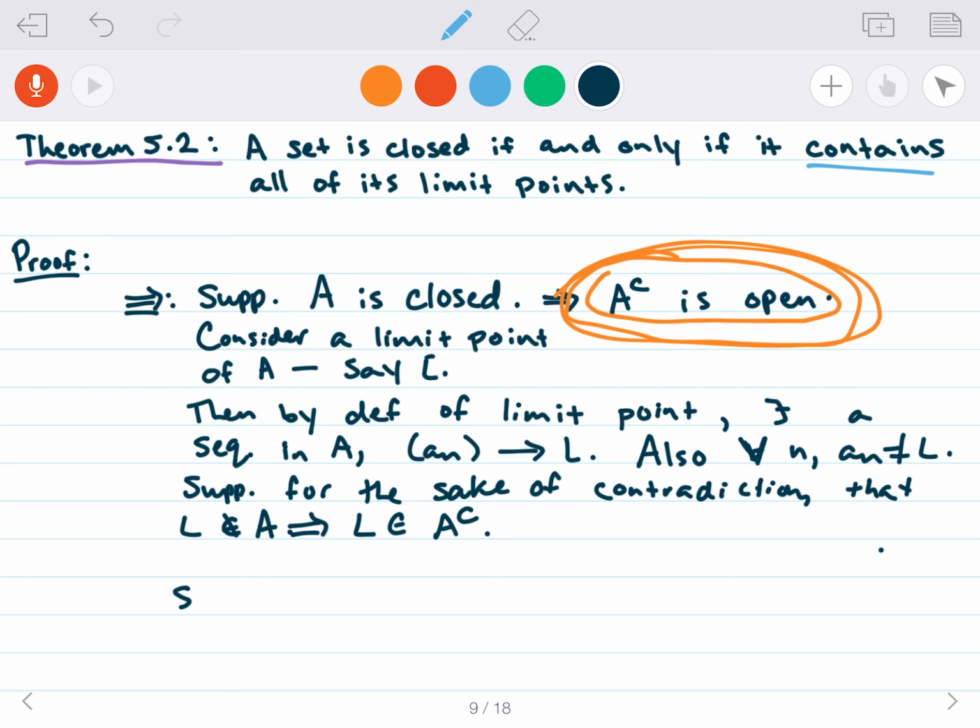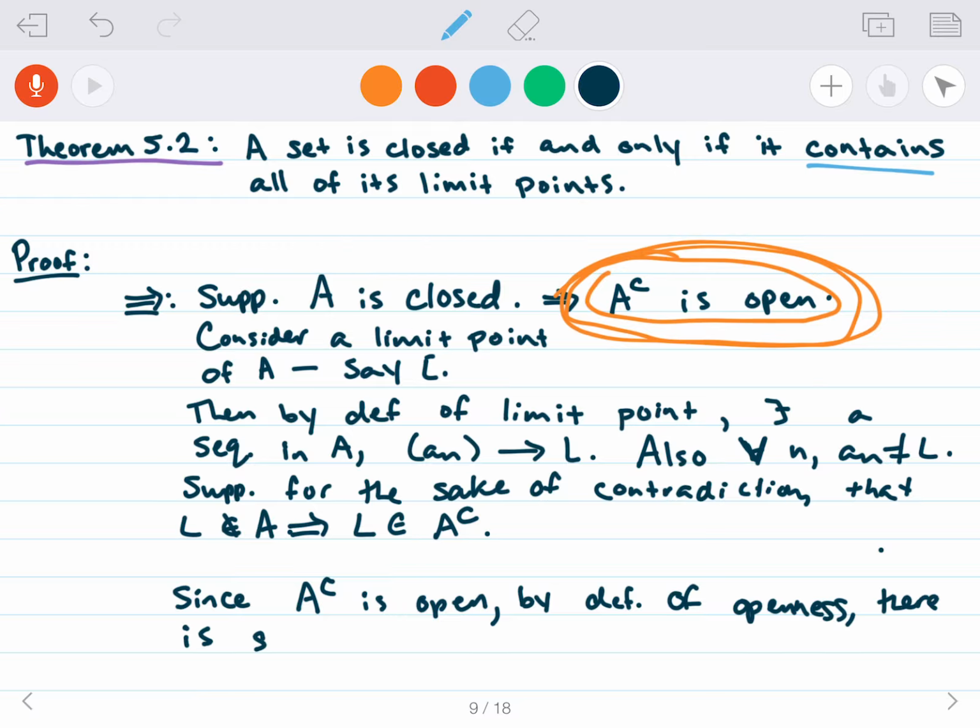Since the complement is open, by the definition of what it means to be open, there is some positive delta for which the neighborhood centered around L is completely contained in the complement of A. So for which (L minus delta, L plus delta) is completely contained in that set.